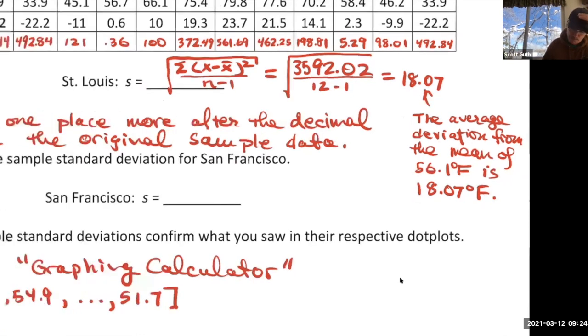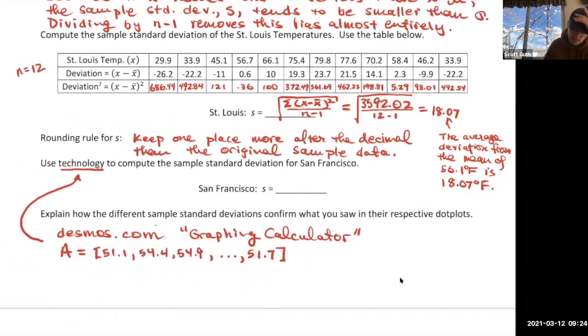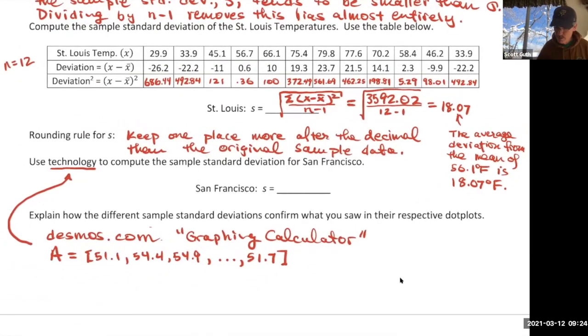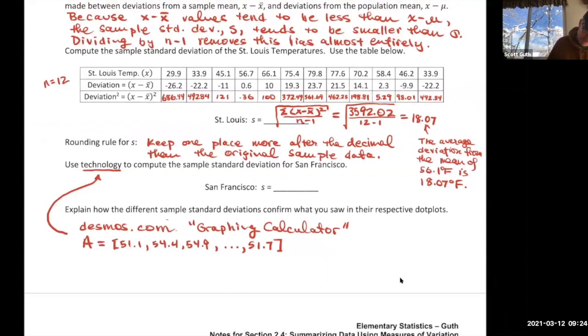I also wanted to put the variance in just so that you could practice that. Just real quickly, I don't know where to squeeze it in, but for the St. Louis variance, that was S squared.